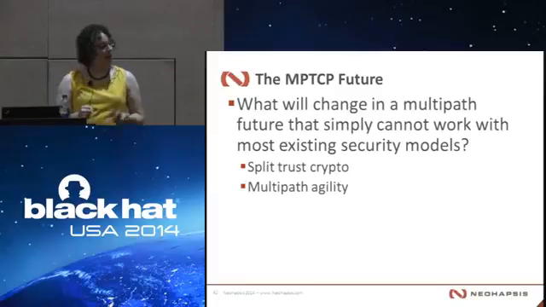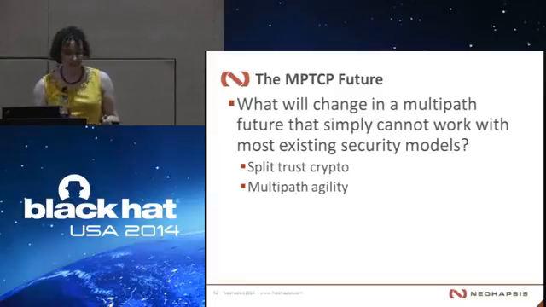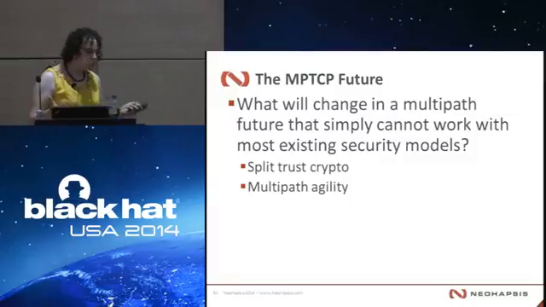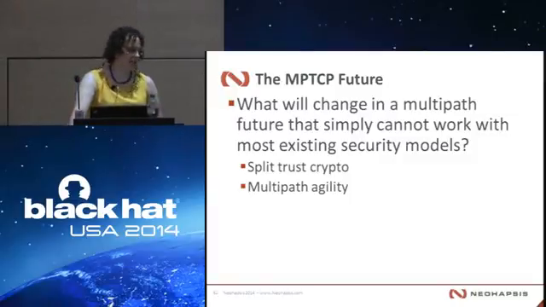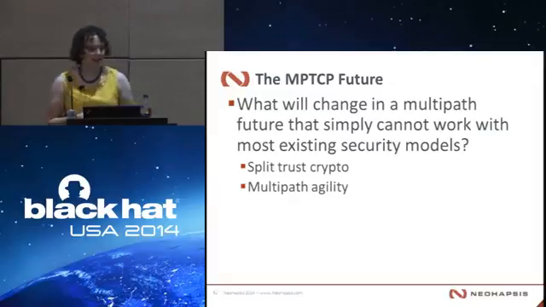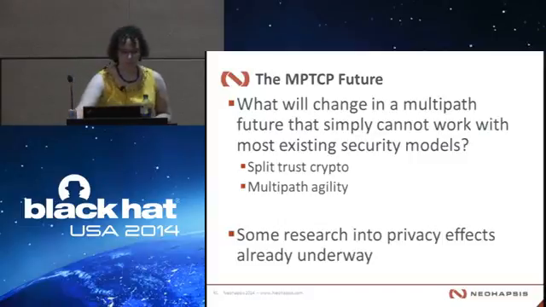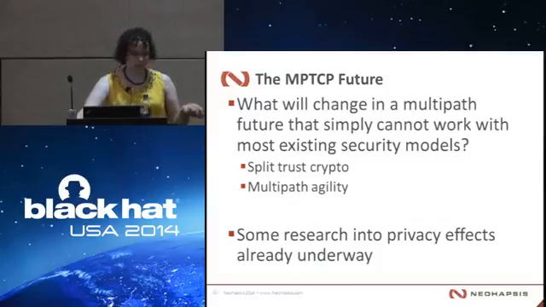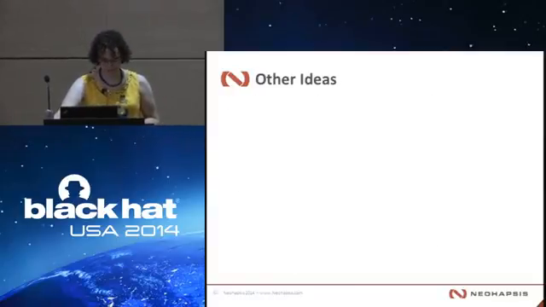If you miss one, you might not be able to make sense of any. Multipath agility, if you're address hopping every few packets, sure, you can track that, but that's an additional layer of state. And if you're doing that through something that effectively anonymizes it, a tumbler of addresses, I don't know how you would deal with that. And there is some research into the privacy aspects already underway. I've got a few in the references, a whole lot more in the white paper.